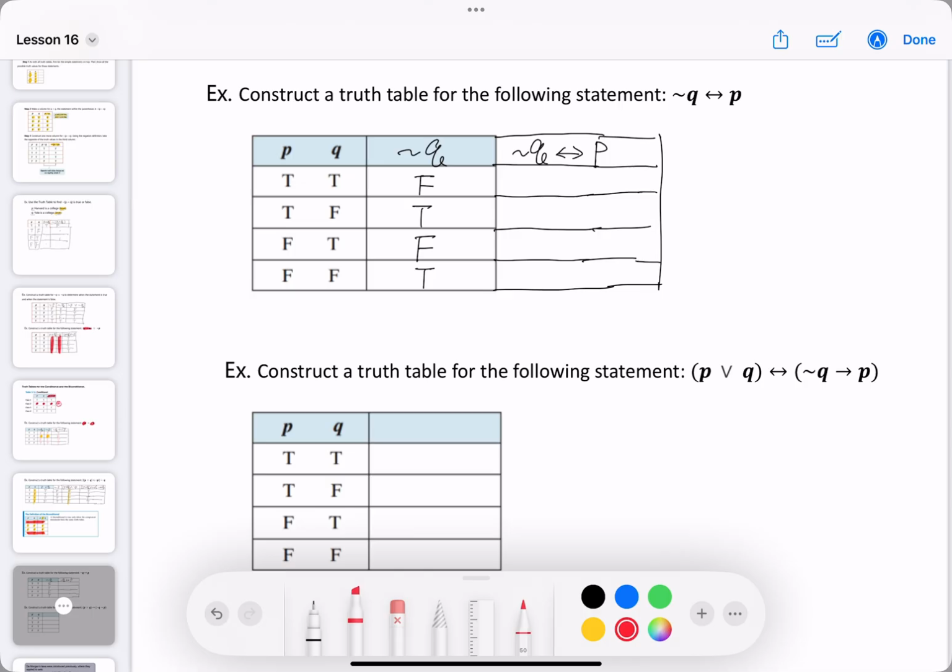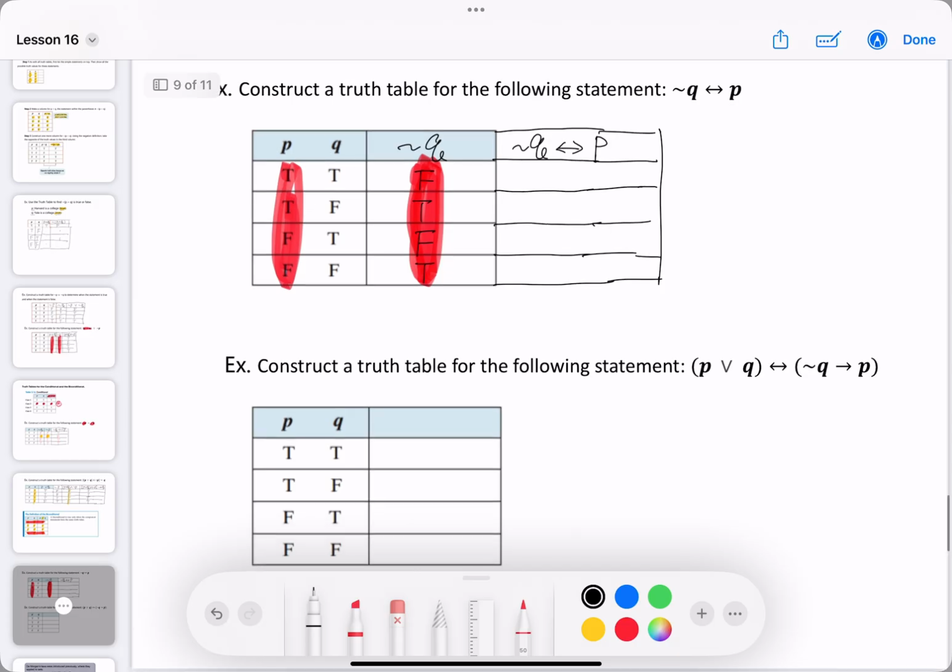And for not Q if and only if P, we're going to combine this column and the P column together. We have learned that only when both are the same, true or false, is the statement true. Okay, let's identify the same true or false.